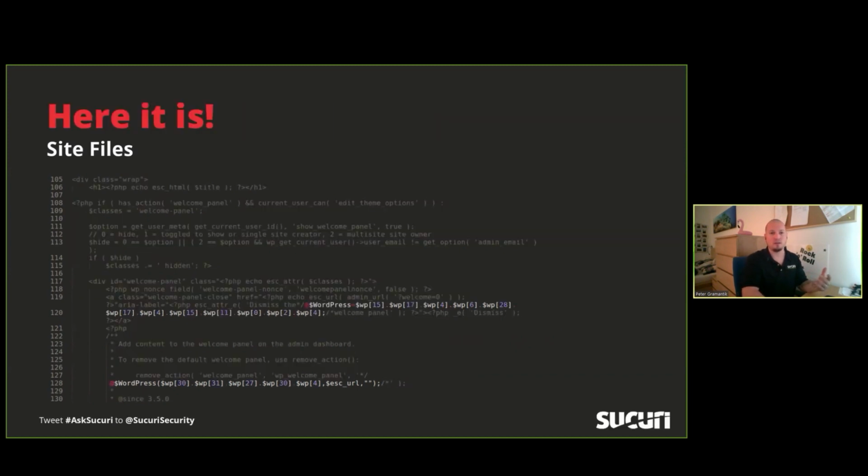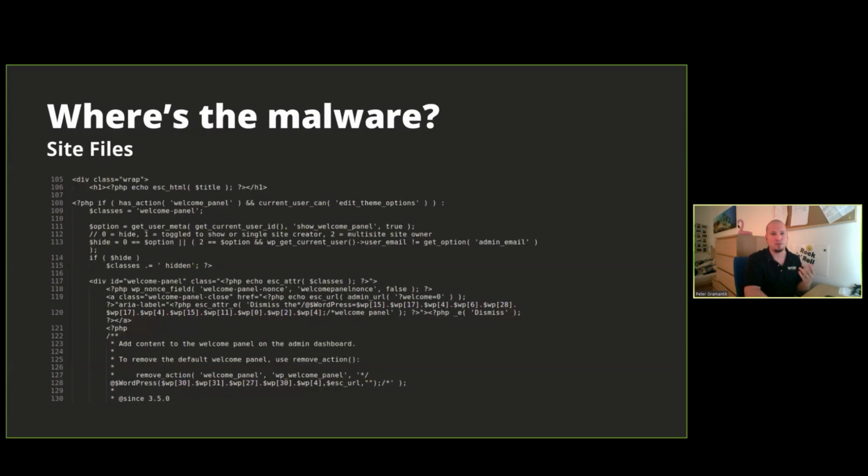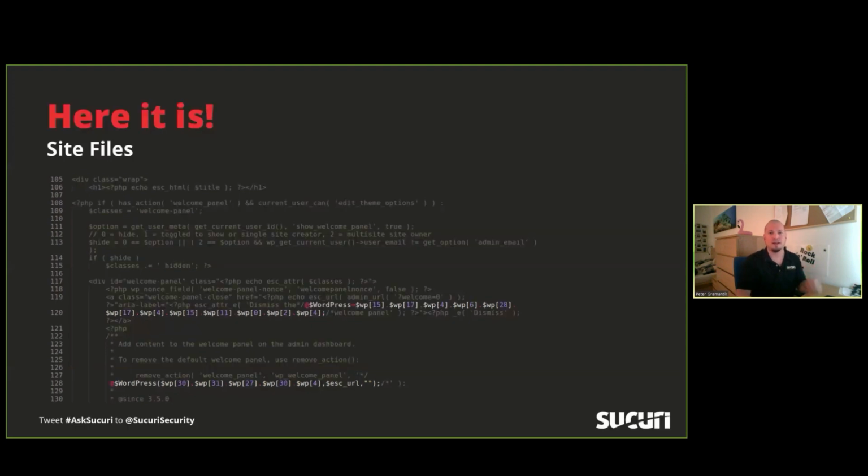And it's here, only those highlighted lines. And this is just a small piece of malware randomly placed in the legit looking file. And sometimes it's really hard to spot, right? And sometimes it's really not easy to find it, and sometimes it's not even in the files.